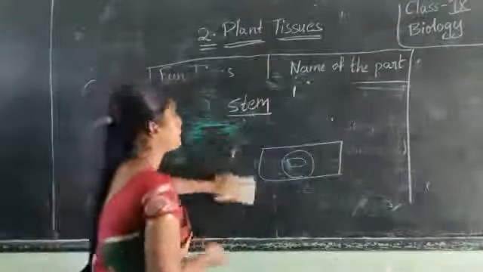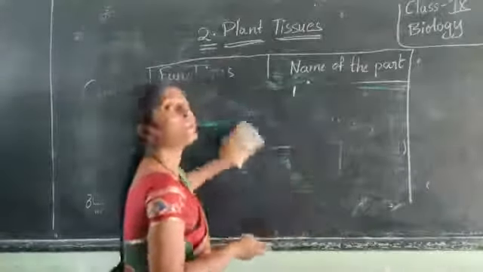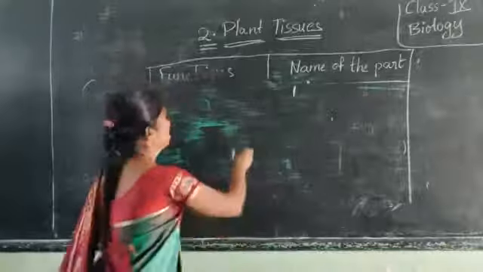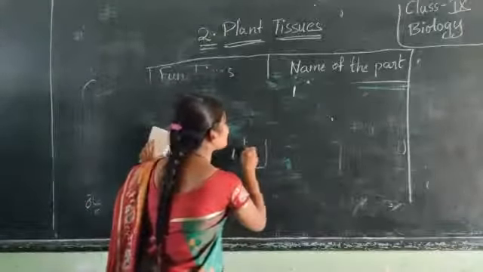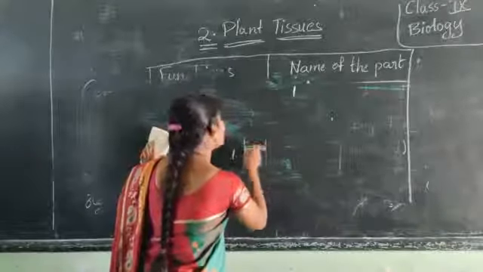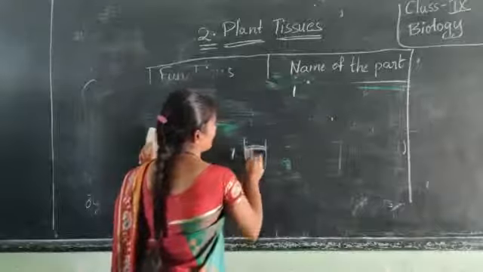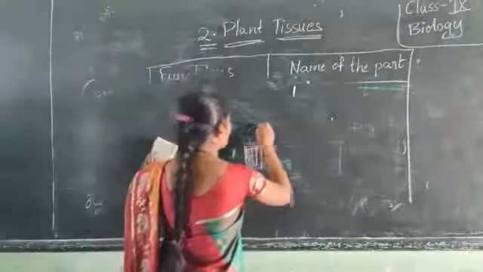Understood? Here you have to take a bulb. What is that? Onion bulb. Take a glass and fill it half or three-quarters with water. Then put the onion upon this glass.